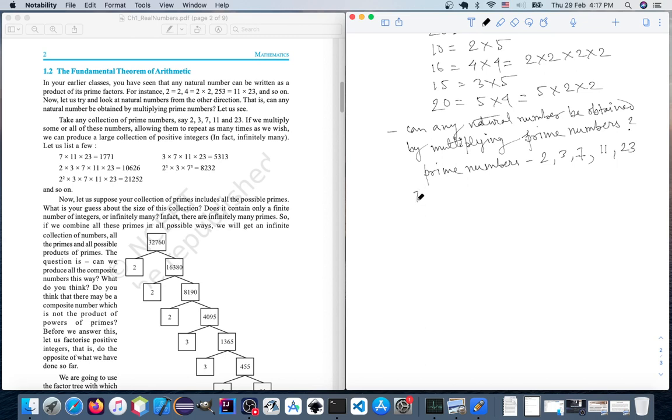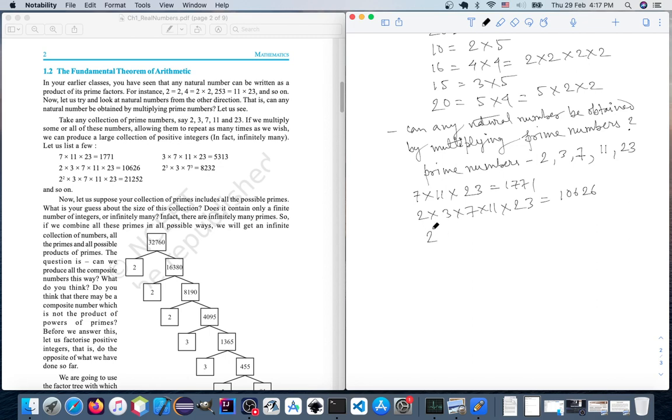So 11 into 7 into 11 into 23, we are getting 1771. Again, 2 into 3 into 7 into 11 into 23, we are getting 10626 and so on.